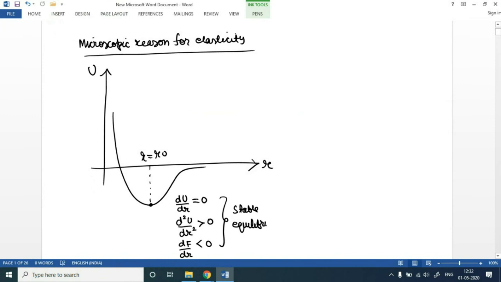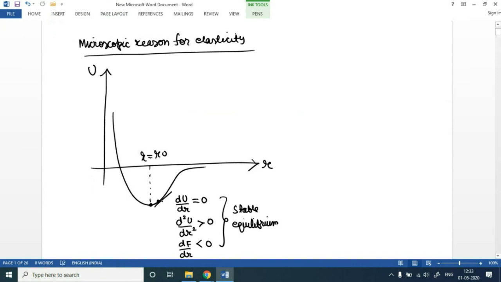Okay, so that means when molecules are disturbed from equilibrium separation, a restoring force starts acting, which tries to bring the molecule back to the stable equilibrium position. For example, if we displace slightly, let's say over here, when we look at the slope of this graph, here the slope is negative, and here the slope of this graph is positive, so df by dr is negative over here.